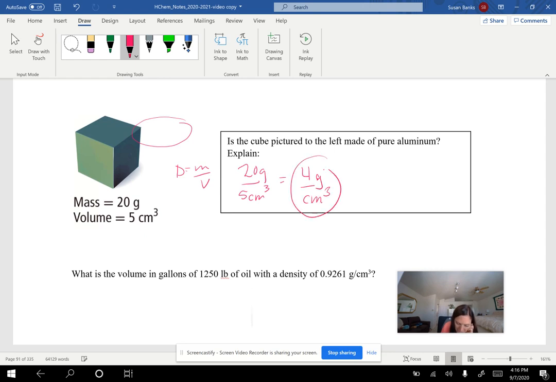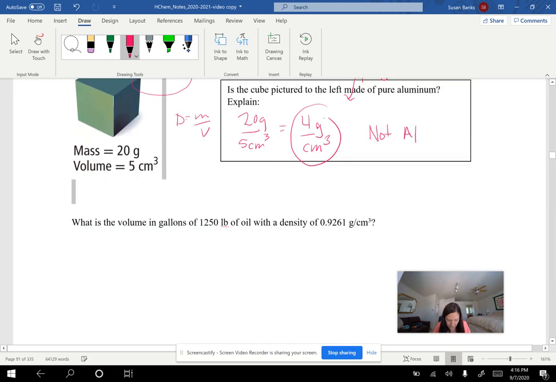Does that match the density of aluminum? We said aluminum had a density of 2.70 grams per centimeter cubed. Are these the same? They're not. So this is not aluminum. In fact, it's way more dense than aluminum, so it's probably a much more dense metal.